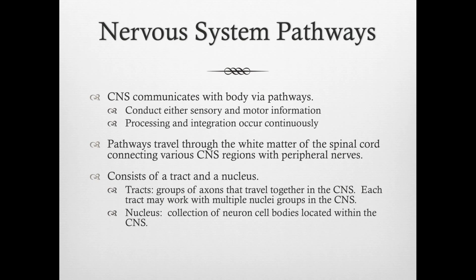Now, each tract might actually work with multiple nuclei within the central nervous system. So that's important to keep in mind. It might actually go between multiple nuclei for processing and integration. A nucleus, again, we've talked about this, but it's good to just define it again to make sure that we remember this, is a collection of neuron cell bodies located within the central nervous system.